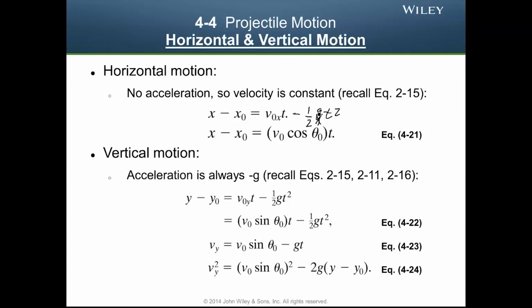So we ask, what's the acceleration? It's 0. So the whole piece goes to 0, and this is gone. We're left with just the initial velocity times the time. For the vertical motion, you're using the full equation, right? Because you have the acceleration in there.